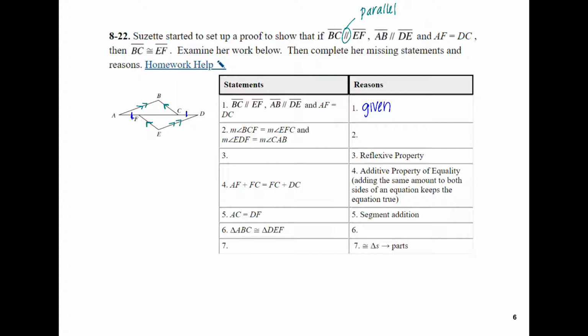Then my second statement says the measure of angle BCF is equal to the measure of angle EFC, and EDF is equal to BAC.